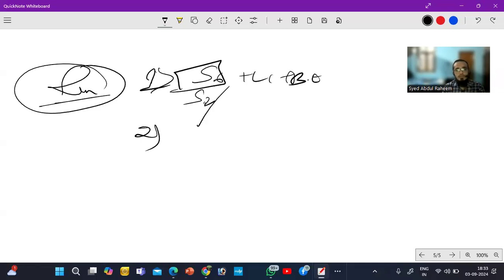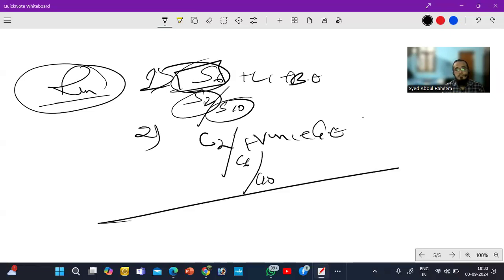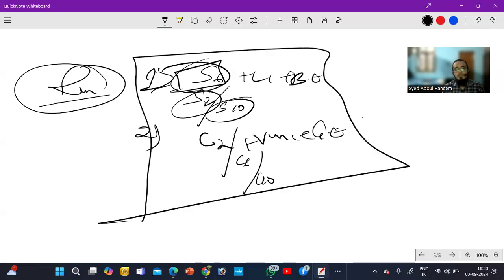Metabolism depends upon the condition. If you are taking S2, take C2. If you are taking S6, C6. If you are taking S10, you have to have C10. C10 when 1G.